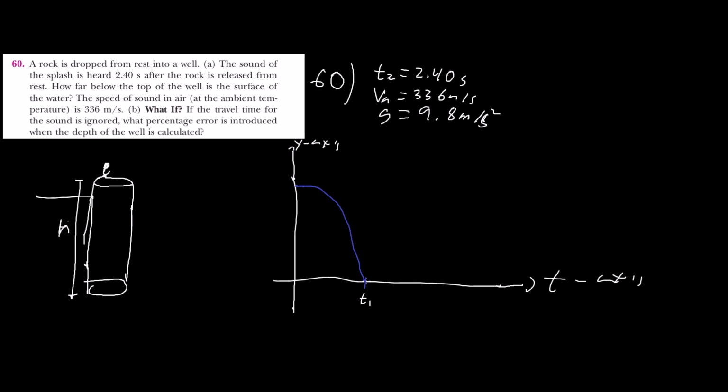I'm not going to draw it that steep though. That's when you hear it, so that's going to be T2. Notice, folks, all I'm doing is getting myself set up. And that's going to be H.